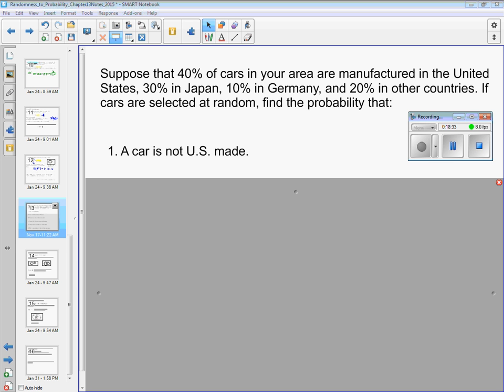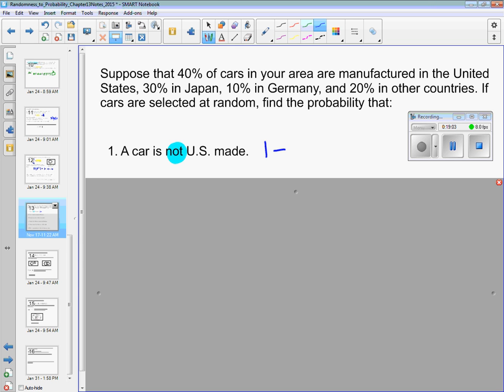If cars are selected at random, and I just pick a car, how do I find the probability that a car is not U.S. made? The word not is a clue that it's the complement, right? That's your cue word, the word not, and that does mean complement. So we're going to subtract it from 1.